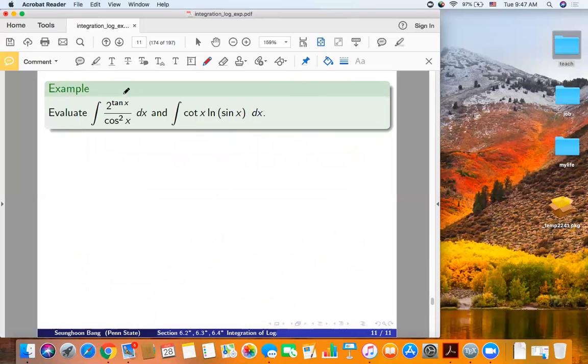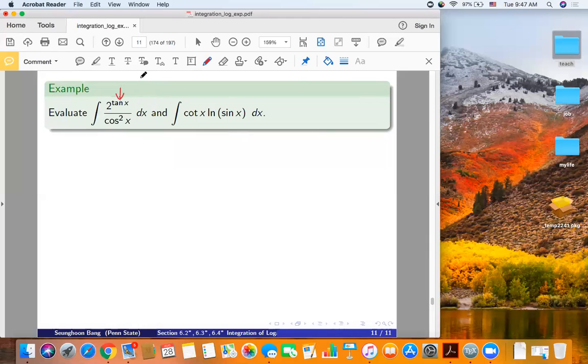First one, how can you solve this problem? Do you have any idea for solving the integral of 2 to the 10x over cosine square of x dx?